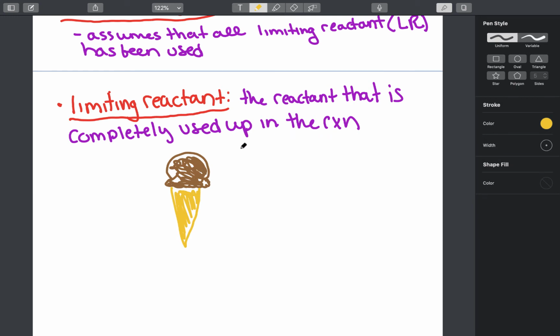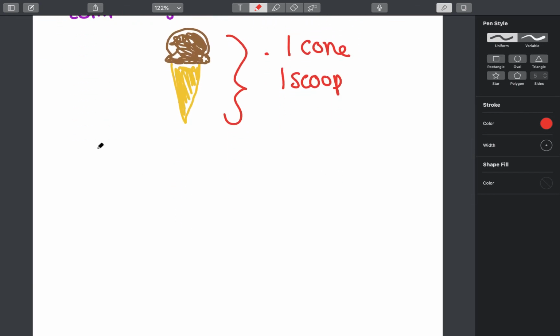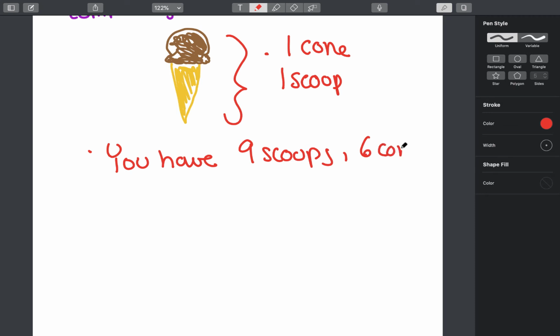So this particular ice cream cone requires you to have 1 cone and 1 scoop. However, what if you have 9 scoops of ice cream and only 6 cones? How many ice cream cones could you make?